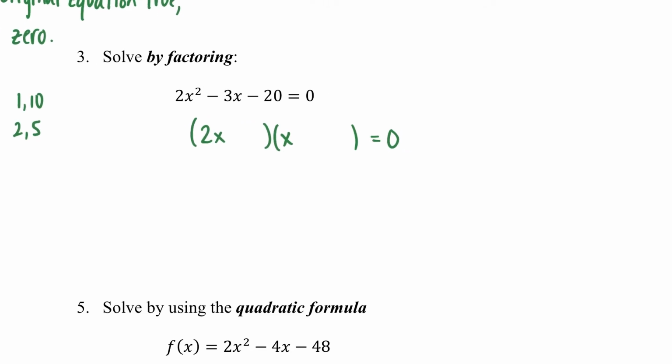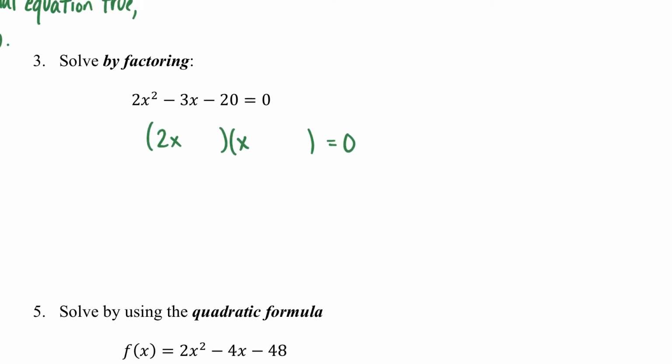And probably the easiest way to do this is I'm just going to write down some different combinations here. So we've got 2 and 1. That comes from here. This is the 2x and the 1x. So you can kind of think of it like this, 2x and 1x. Let's write down some different pairs of numbers here that could multiply to get us to negative 20.